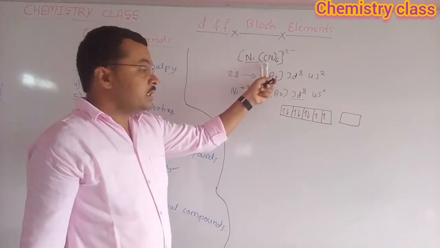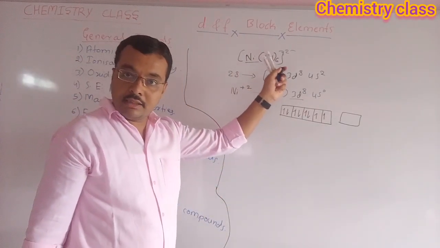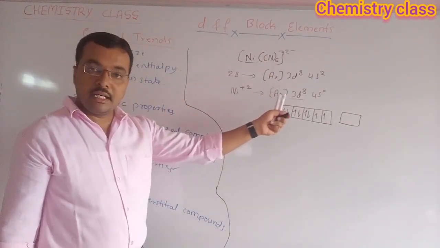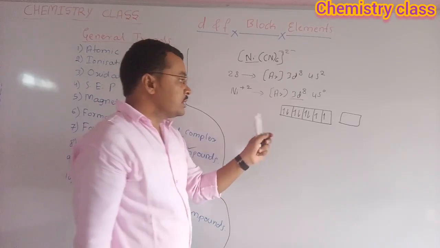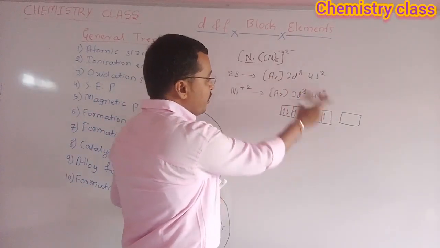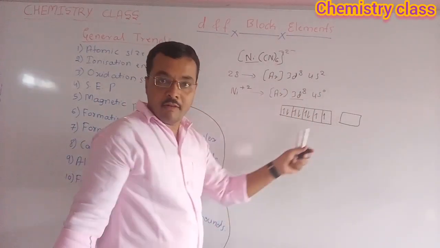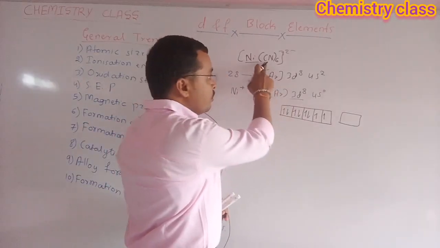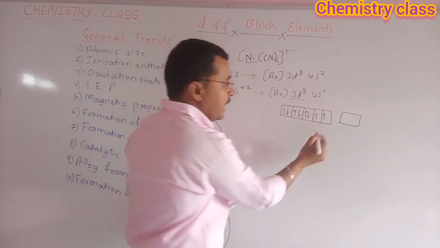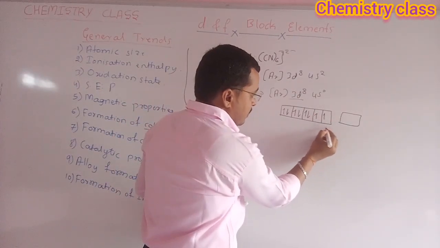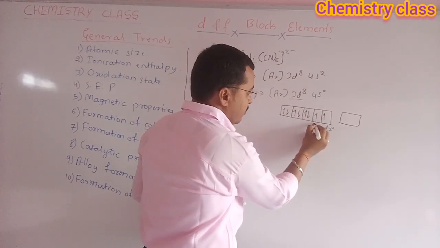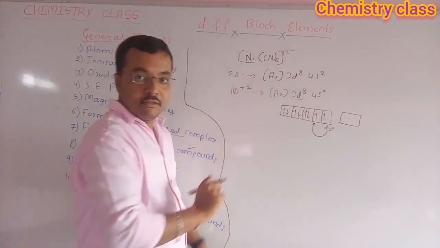Next, this is the ligand. Ligand means the substance which can donate a lone pair of electrons to the central metal atom. Whenever this ligand approaches the nickel atom, due to the strong ligand, the electron from the dz2 atomic orbital migrates towards the dx2-y2.